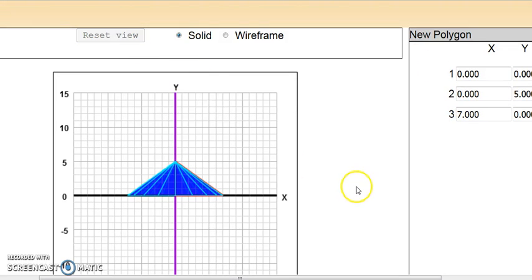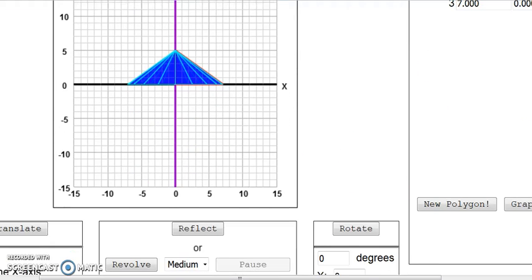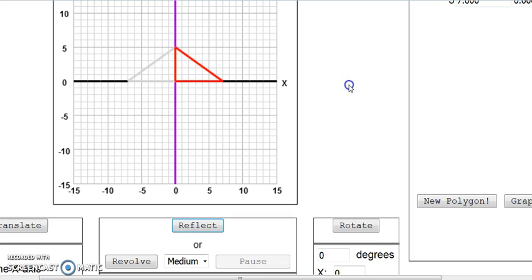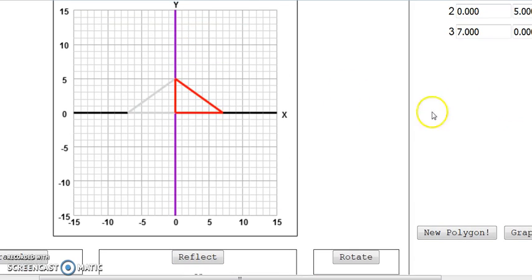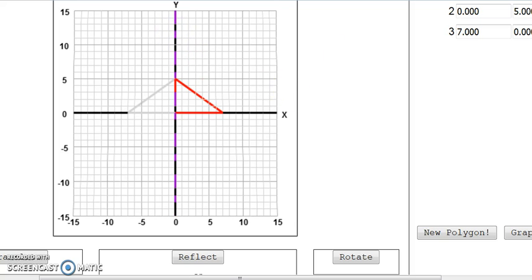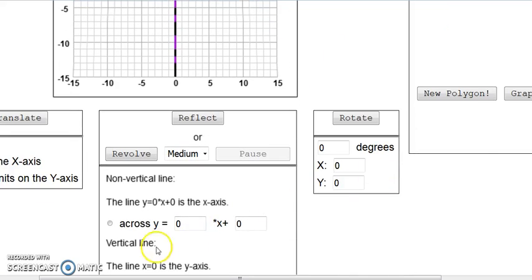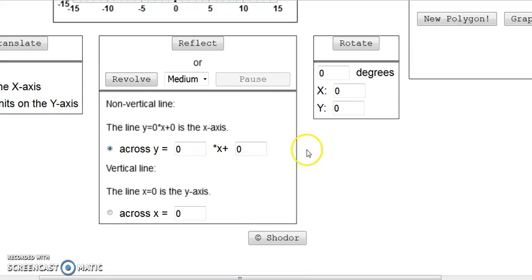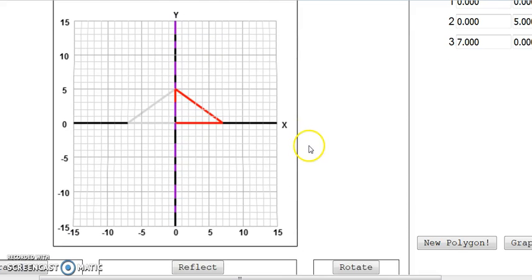Let's reset. So we're back to this red triangle. Now, instead of revolving around the y-axis, let's revolve around the x-axis. So again, this is the x-axis. First, we're going to flip. So this red triangle is going to flip down, reflect down.